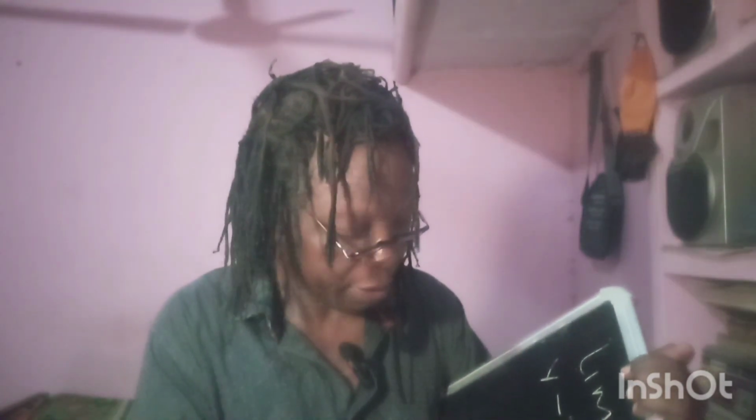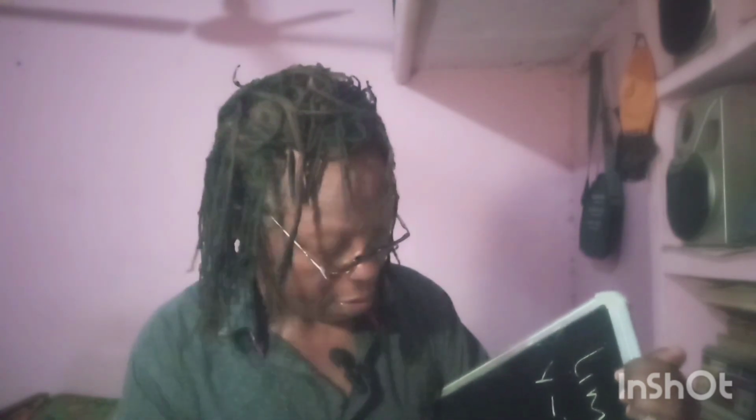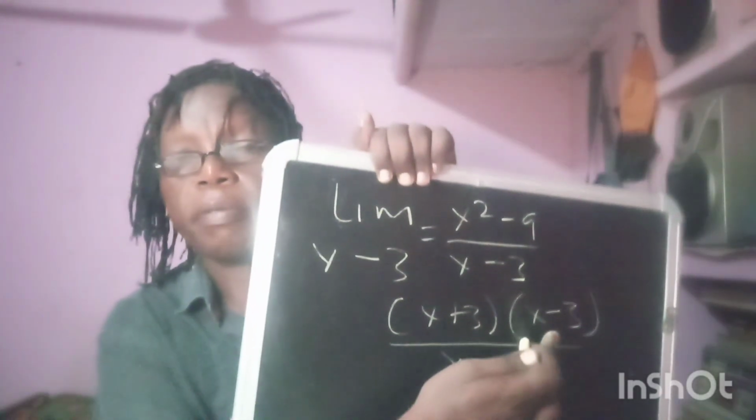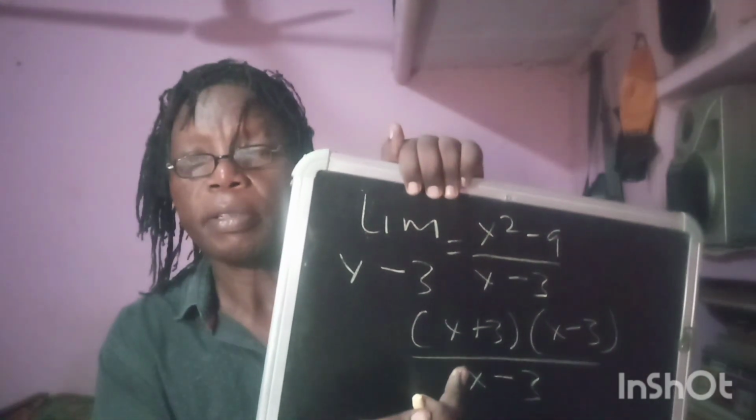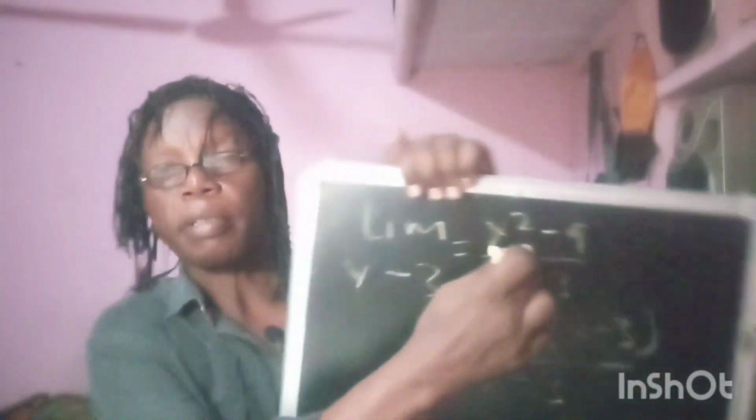So let's factor it. We'll get something like x plus 3 times x minus 3, over x minus 3. Make sure you agree with me that if you do this, it's going to give you this.